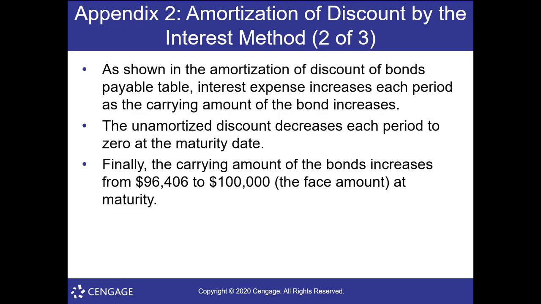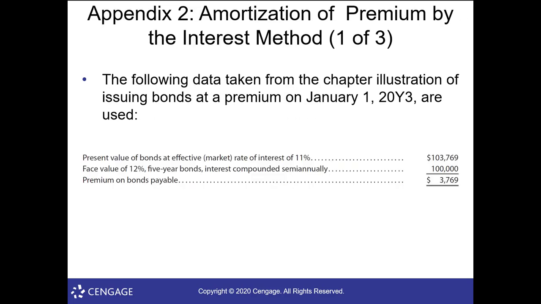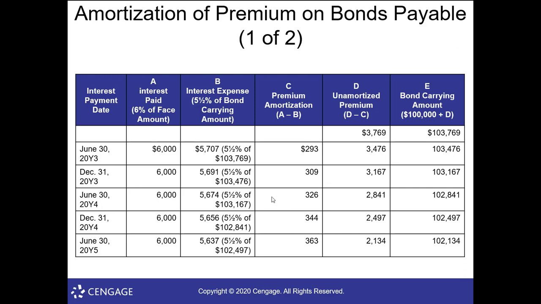The premium works the same. The premium, you take the $103,769 and now multiply it by the 5.5%, because now they only want 11%. You're giving them 12. So now you're overpaying them, because all they wanted was the $5,707. You're giving them $6,000, a $293 overpayment.